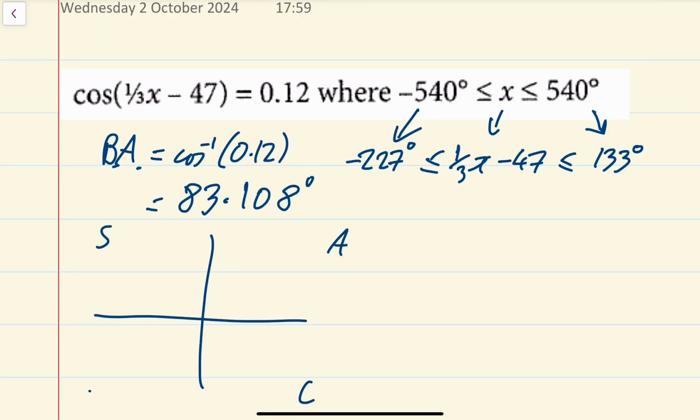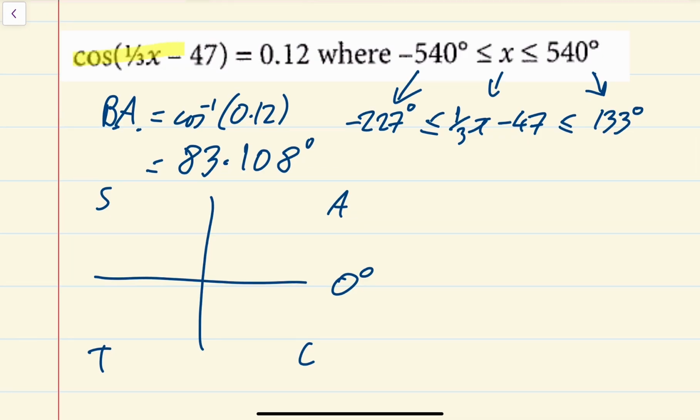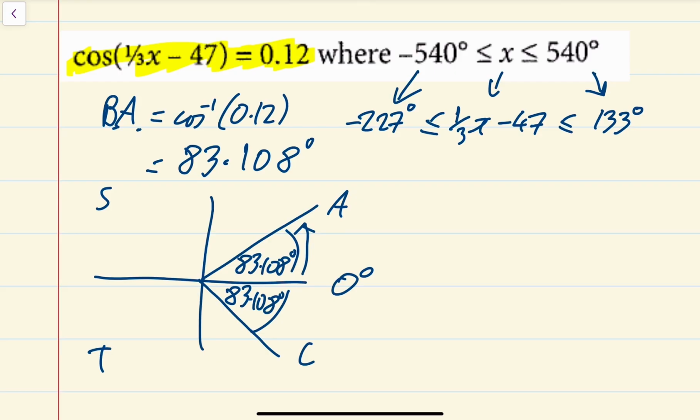The only thing I ever mark on the CAST diagram, if I'm honest, is the 0. And then we put on cos is positive. Because your cos is positive, it's positive 0.12. That means the angle goes in here or in here. So that's going to be 83.108 degrees.